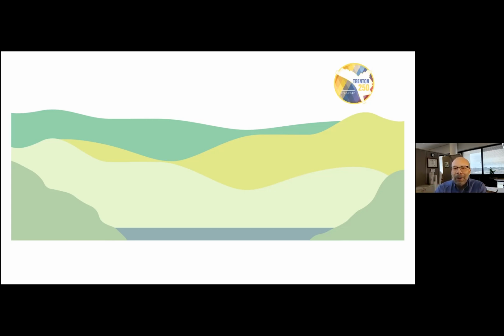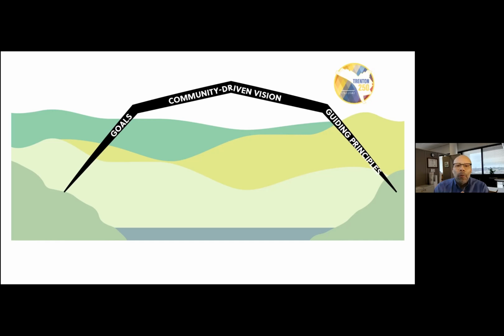We created a graphic that we hope you like, that portrays that interworking at city government, and how projects get approved by local government. Like I mentioned before, there's this big overarching community-driven vision. There are some guiding principles to help support that vision, and then there are goals also supporting the principles and the vision.